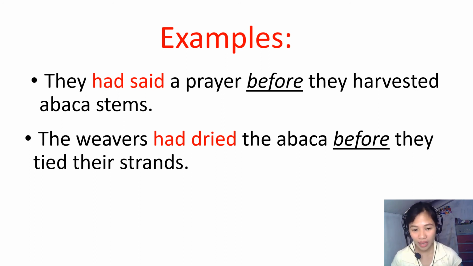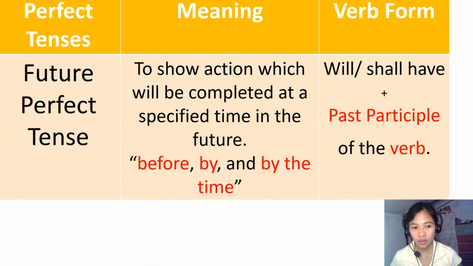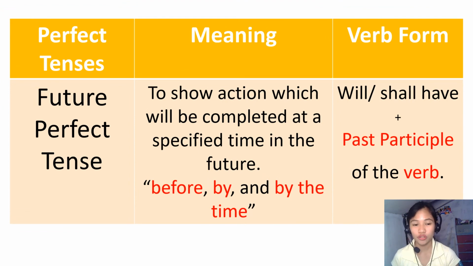Next we have the future perfect tense. The future perfect tense, just like the simple future and future progressive, shows action which will be completed at a specific time in the future. Here in the future perfect tense, we use a specific time: before, by, and by the time. The verb forms that we can use are will and shall have, will or shall have plus the past participle of the verb.